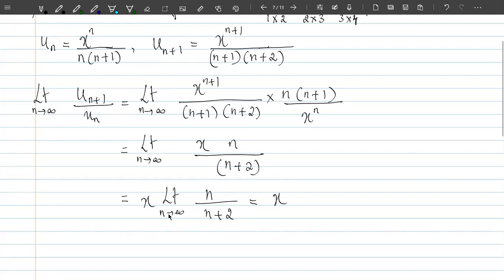So use L'Hopital's rule here. The L'Hopital's rule says that differentiate this numerator. So differentiation of n with respect to n will be 1 and differentiation of n plus 2 with respect to n will be 1. So what will be the value of this limit by using L'Hopital's rule? You get 1. So this limit takes a value x.